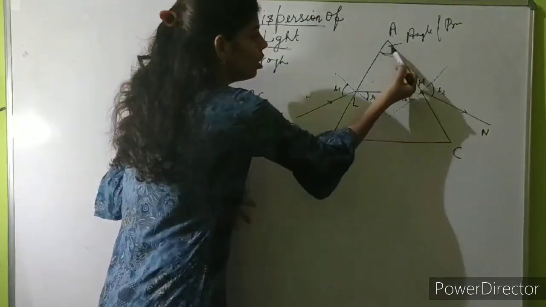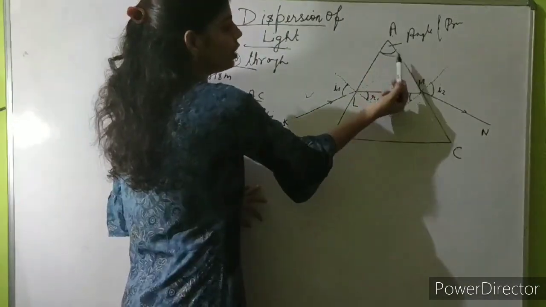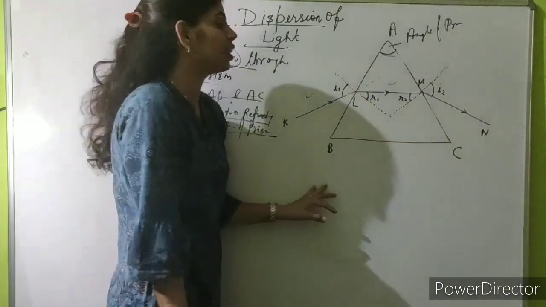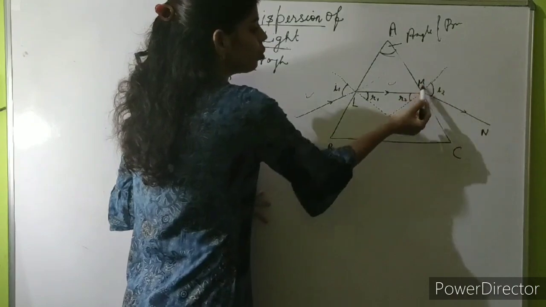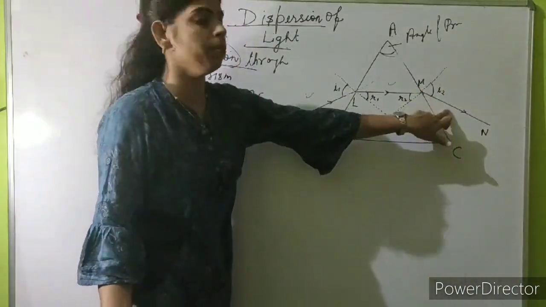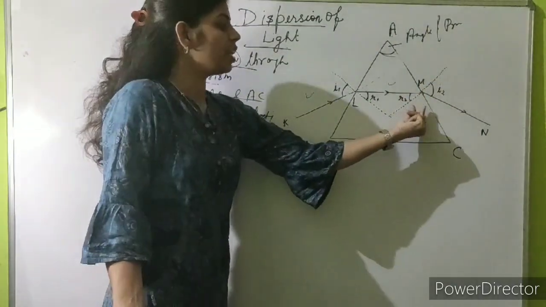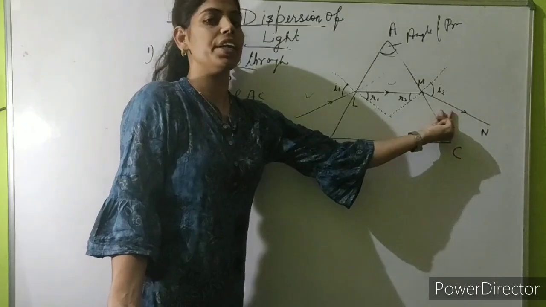When this ray falls at this surface AC, which is also a refracting surface, we will again draw a normal, because now the ray will go out of the prism. While going out, this ray travels from the denser medium to the rarer medium.